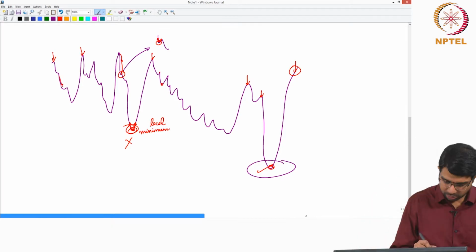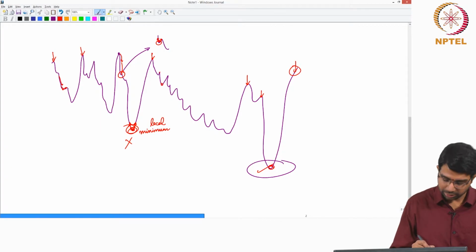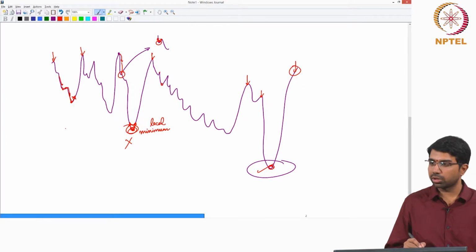You accept everything that reduces cost, which will bring you to a minimum, but then with a small probability you might get out of this point, continue your descent, and maybe reach a better minimum. But again with a small probability you might be able to go out of this.